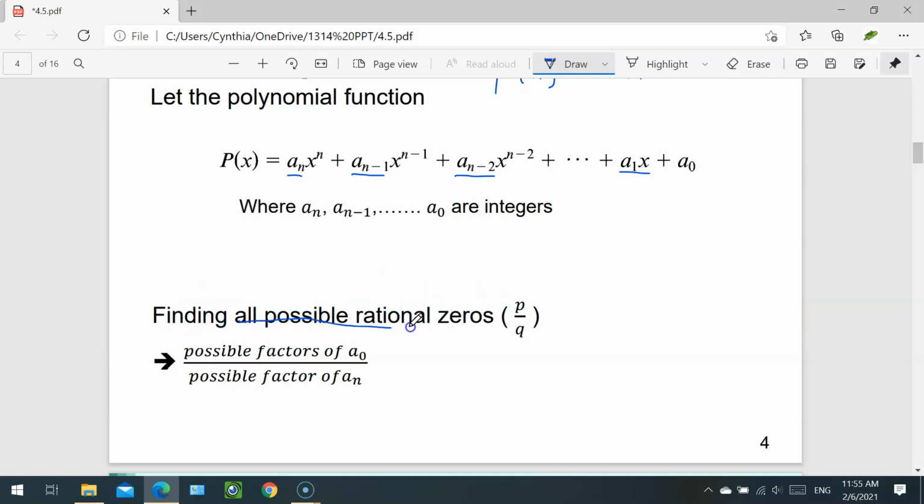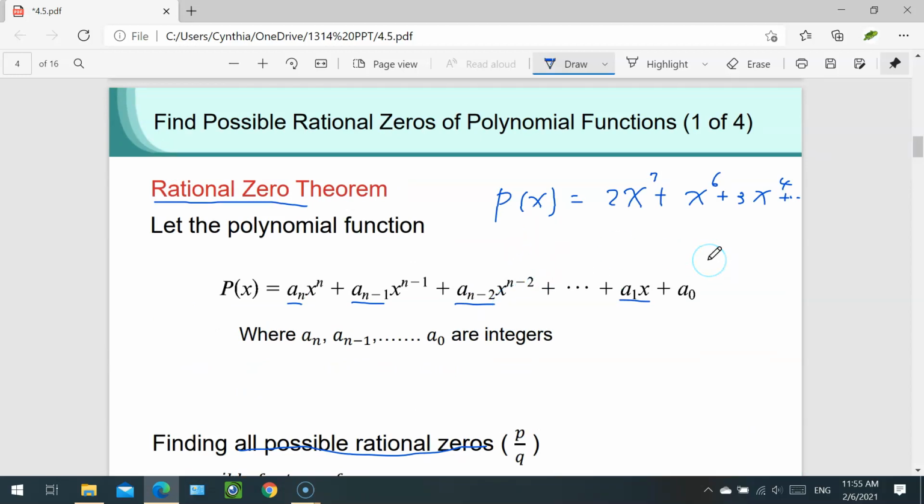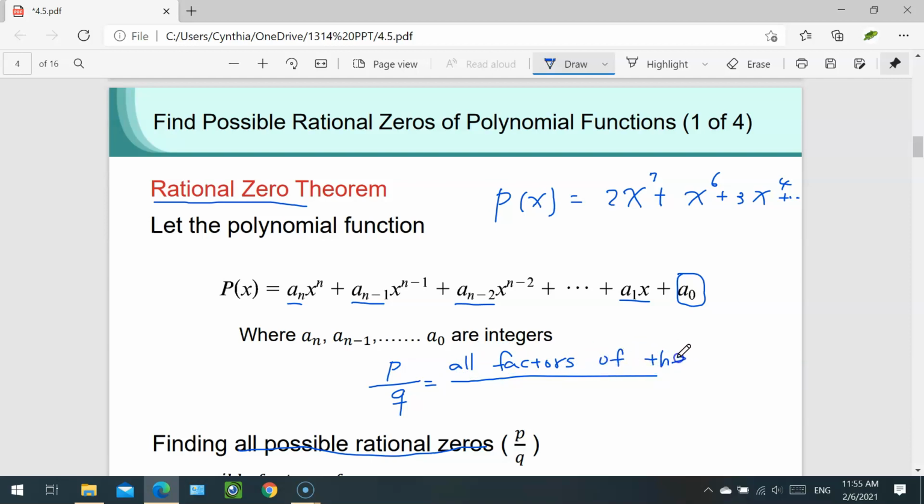All possible rational zeros come from P over Q. P is all factors of the constant term, which means the last term of your polynomial function, divided by all factors of the leading coefficient term, which means this guy, a sub n.